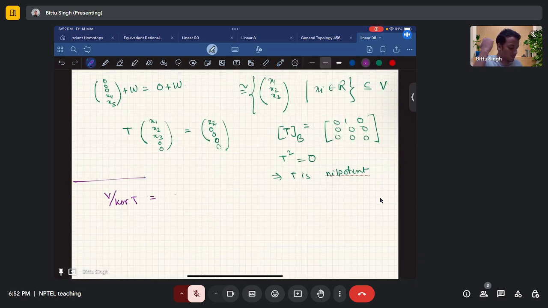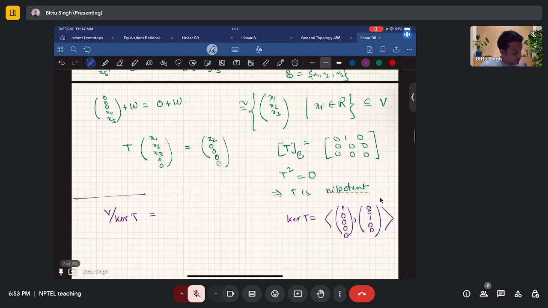Kernel T will be generated by those two things. So first and third: the first entry will be 1 and the third entry will be 0, 0. Those are actually generators of the kernel. Otherwise, you can easily calculate and see those are actually generators of kernel T, the null space.